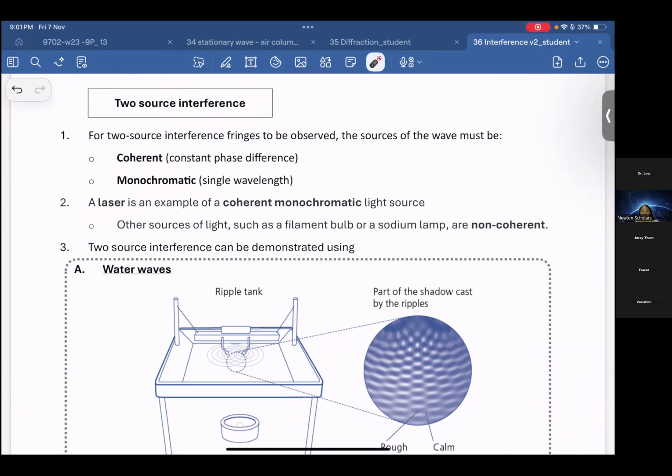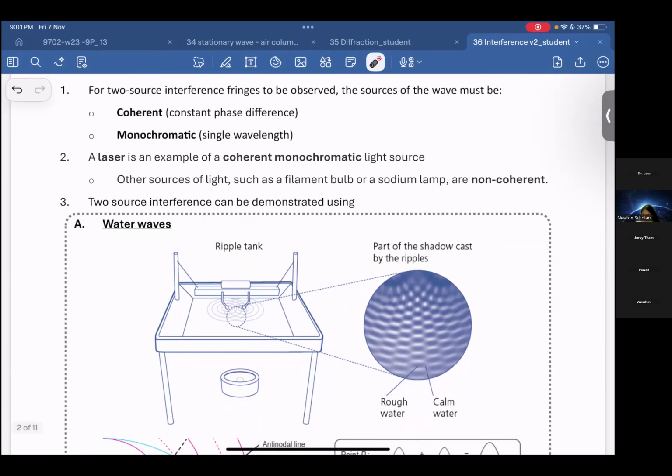But of course, for the definition of monochromatic, we cannot say single color. In year 10, we know the best answer is single frequency or single wavelength, although we understand it's single color, but that is not the definition. Coherent monochromatic light, a laser is the example.